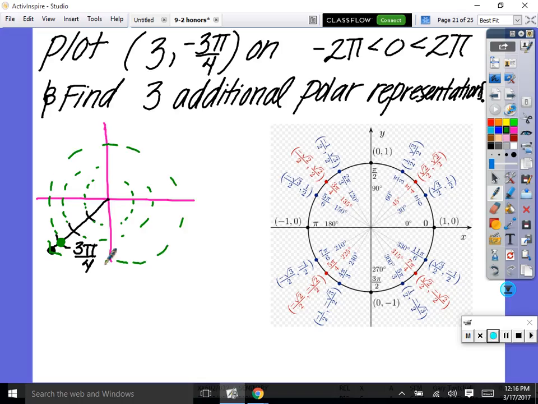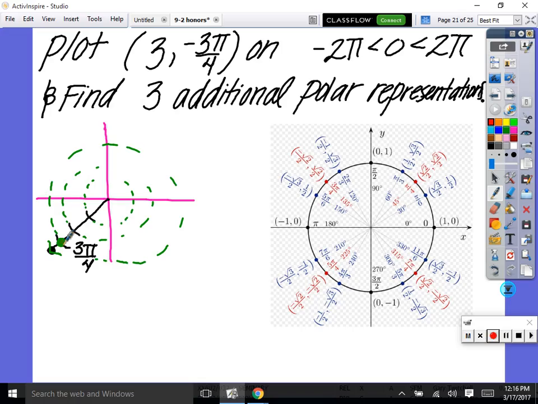Okay, so now an additional point: can anyone think of how we could get back to that green point? Add 2 pi, yes. So we could add 2 pi, or you could subtract 2 pi, right? There are multiple right answers. Wouldn't that put me back at that theta?